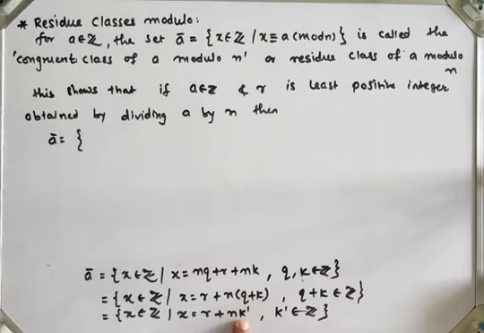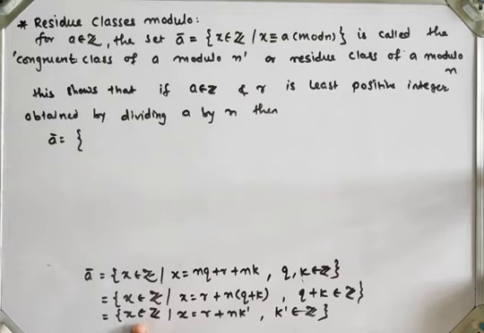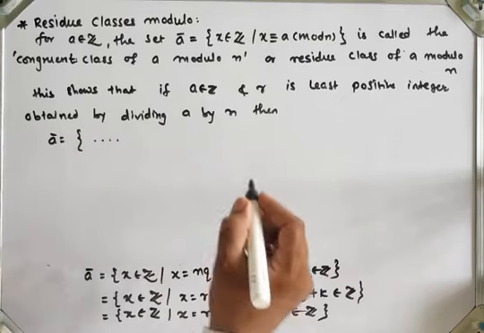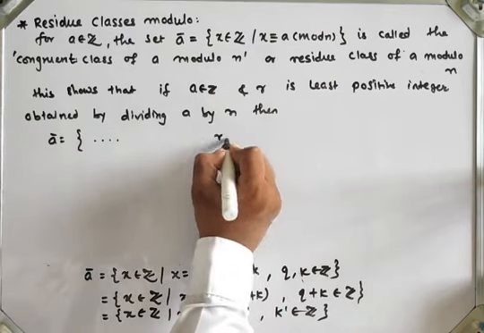Then k varies over the set of integers, then what will be the value of x? So a bar is equal to the set of x belongs to the set of integers such that x is r plus nk, and k belongs to the set of integers, so I will vary k. If I put k equal to 0, then we will get only r, right?